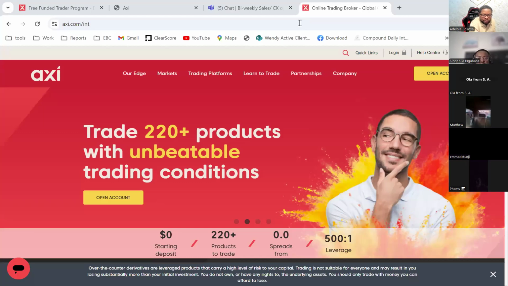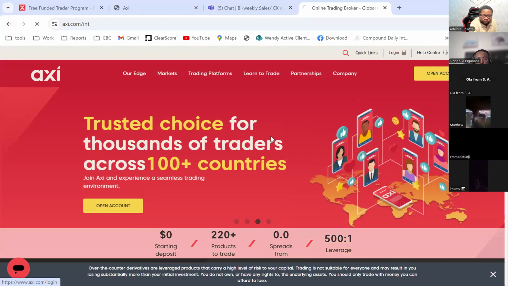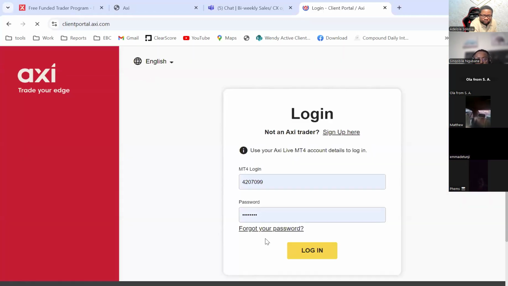Can you see my screen now? Yeah, it's popping. I just want to show quickly, maybe to the guys who haven't seen it, how to view it. Log in here. Okay, we'll come to that.